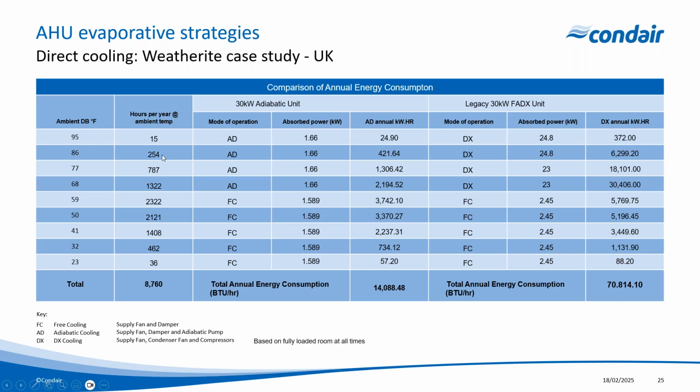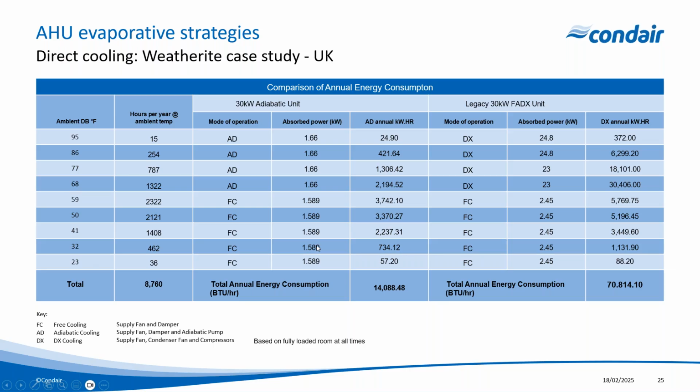Next column over is the number of hours out of the year that we'll experience those temperatures, and the number of hours that we would potentially need to be cooling that air down. And then the next two sets of data show the performance data for the 30 kilowatt adiabatic unit, as well as the 30 kilowatt DX cooling unit.